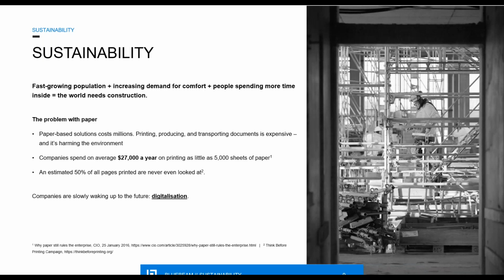So again, what is sustainability, and why do we really need it? We're a fast growing population, and there is increased demand for comfort, for spending more time inside, especially in this current climate and pandemic. The idea and notion of sustainability, of green living, is a lot more prevalent than it ever was.